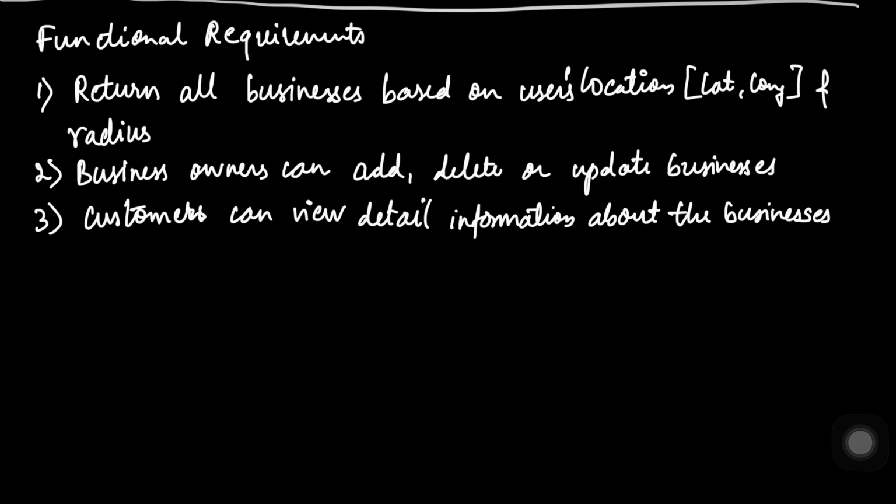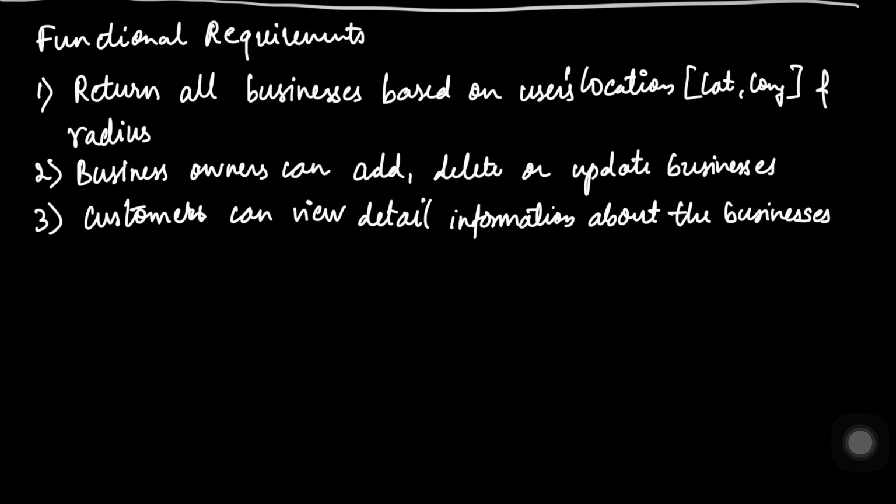In this case, I have written three functional requirements, which I think are the three major pillars of this particular problem statement, where first we will be returning all the businesses based on the user's location and the radius mentioned by the user.